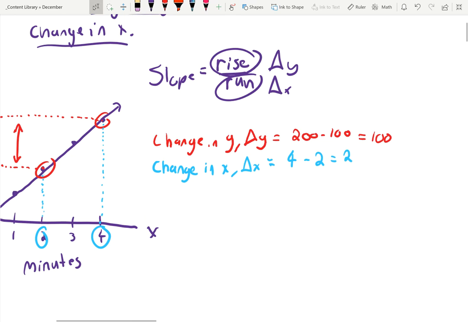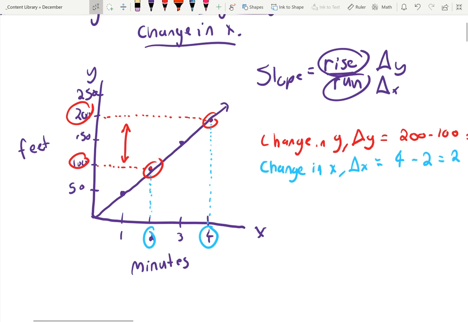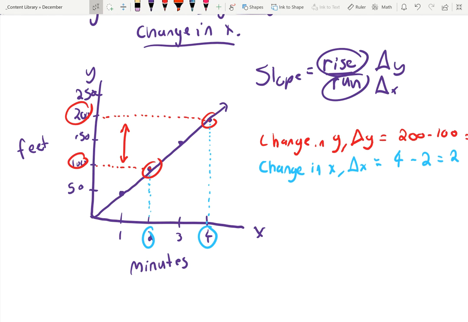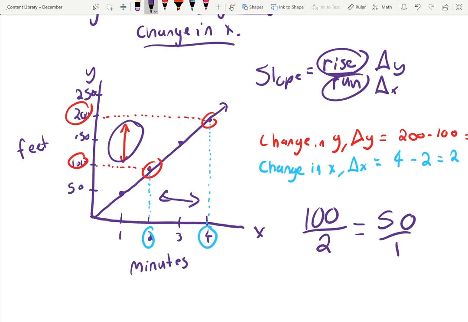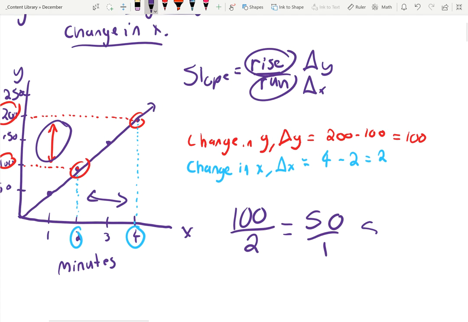If you look back at our graph, our rise would be going up 100 because it's my change in y. And my run would be 2 because that's my change in x. So it's my change in y over my change in x, which is 100 divided by 2, or 50 over 1, which is the same thing as just simply 50 as my slope.